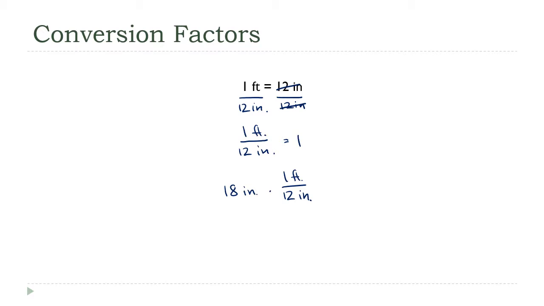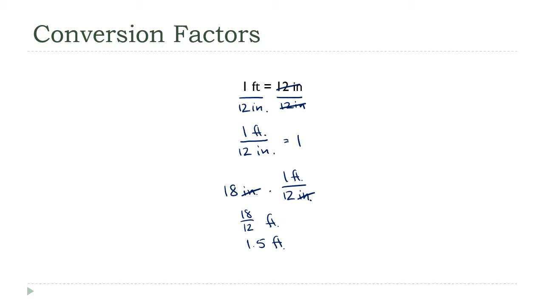All right, but now look, I can cancel these inches just like you would a number or a variable. And all that leaves me with is 18 twelfths, or 1.5 feet. And that's the end of the conversion. 18 inches is equal to 1.5 feet.